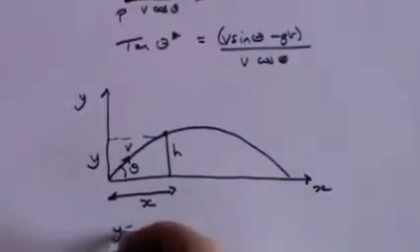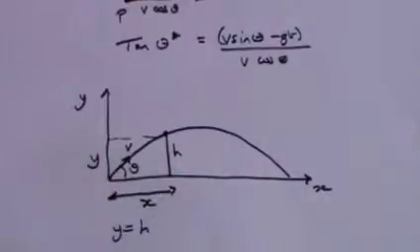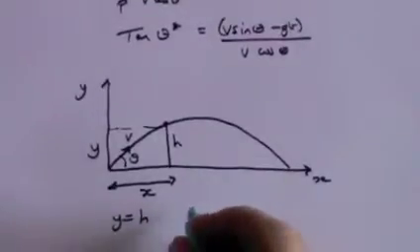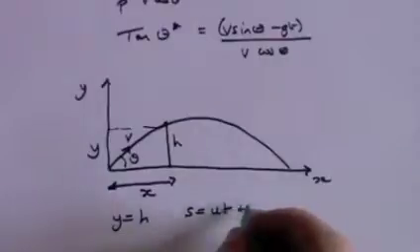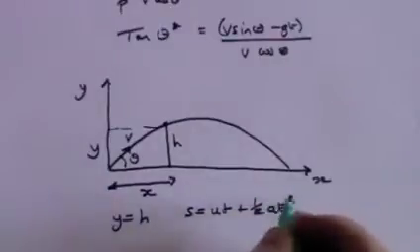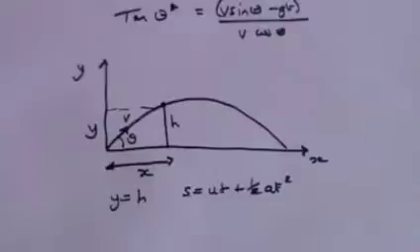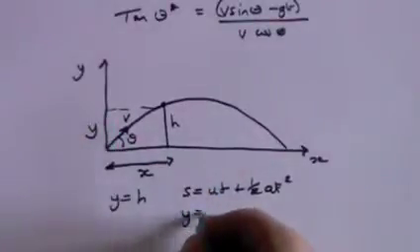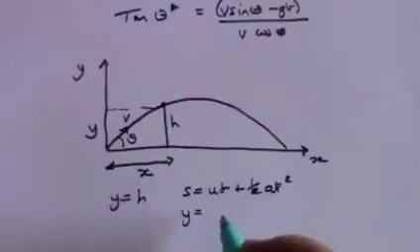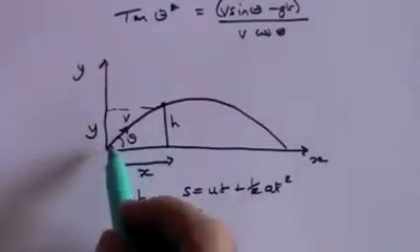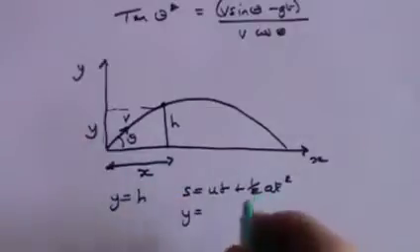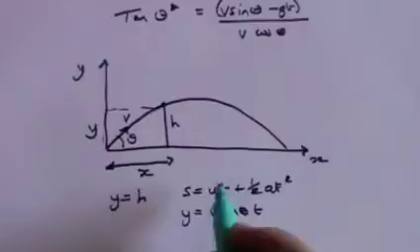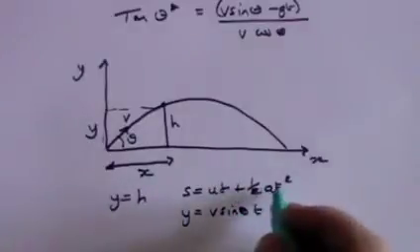Well, y, as I've said, is h, quite simply. Now we're going to use the formula that s is ut plus half at squared, and in the vertical direction, s is the distance that we go up, which is y, is ut, well, u is going to be the initial component of the vertical velocity, which is v sine theta times t, plus half at squared.